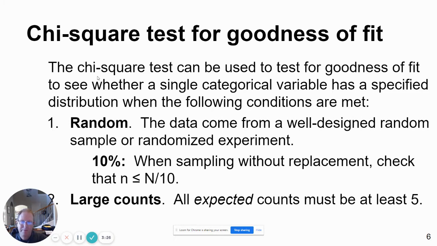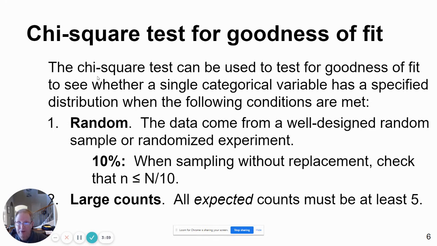And the third condition is called the large counts condition, but it's different from the large counts condition that we've used before. In the chi-square test for goodness of fit, the large counts condition is that all expected counts must be at least 5. Now, different textbooks may have slightly different large counts conditions, but this is the one that we're going to use. I think it's the one that's most frequently used.